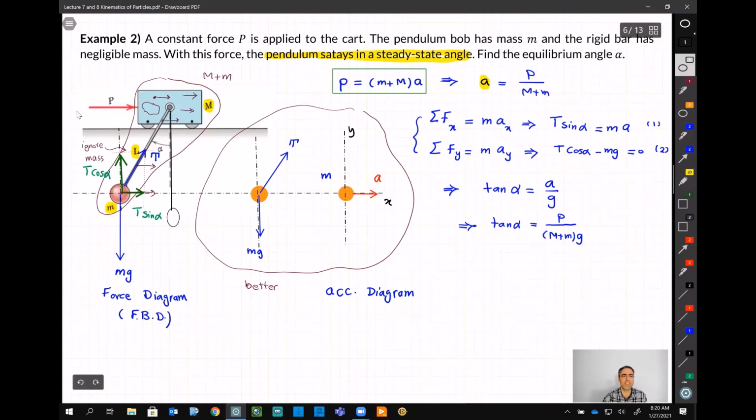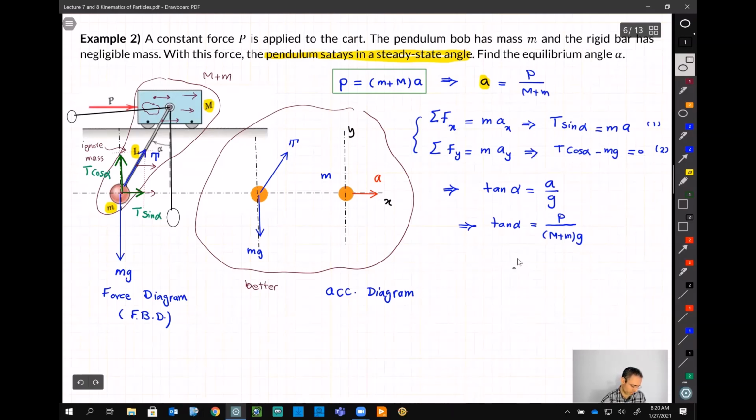Now I want you to imagine that you apply load P, a very large load P, like probably you've seen in cartoons. If the load P is so large, maybe even the pendulum opens up and becomes horizontal, like the whole thing moves to this angle. But for that, load P has to be very, very large, which you can find out. For example, if you put alpha to be 90 degrees, what is the tangent of 90 degrees?